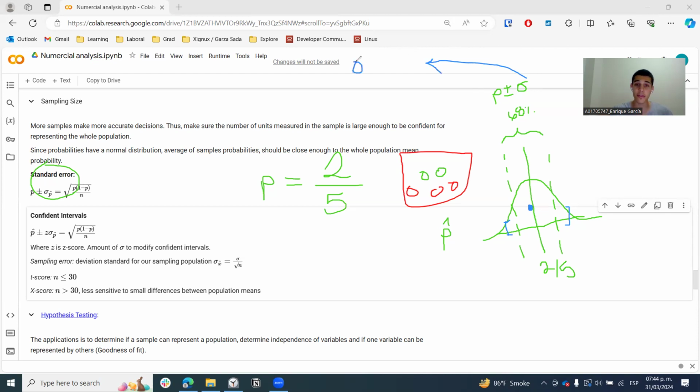So we know that the standard deviation of the probability hat of our samples will be equal to the square root of the whole probability, in this case 2 divided by 5, times 1 minus that probability, divided by the total amount of population that we have.